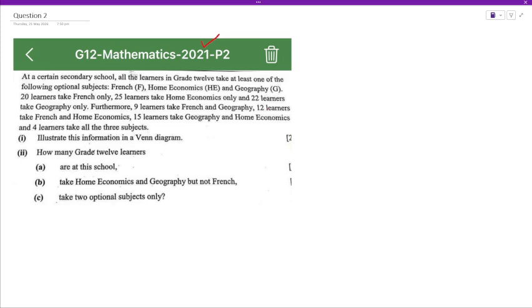Okay, and the subjects are as follows. We have French, home economics, HE, and geography. We're told 20 learners take French only. So F only, we have 20. 25 learners take home economics only.